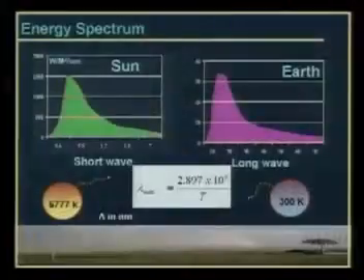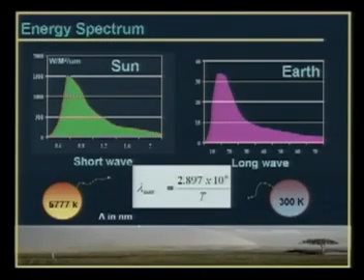As we said last time, the radiation that is coming from the sun is mostly in the short wave range, okay. And the range you are seeing here is 0.4, 0.8, 1.2, the wavelength.